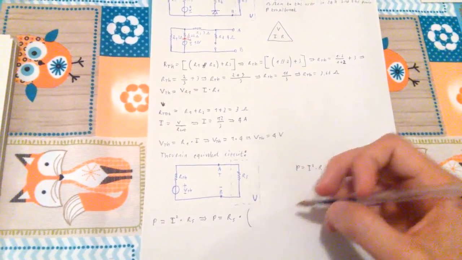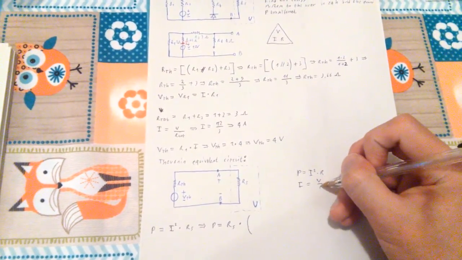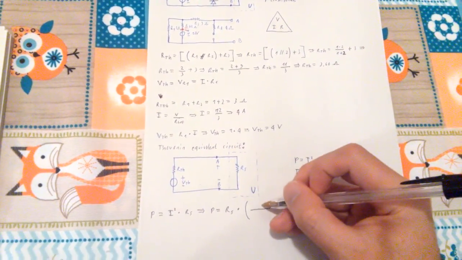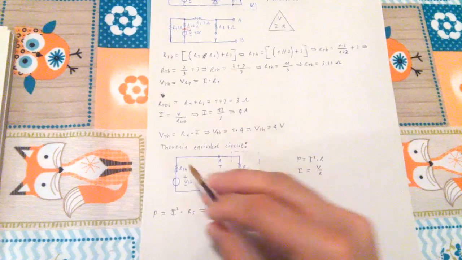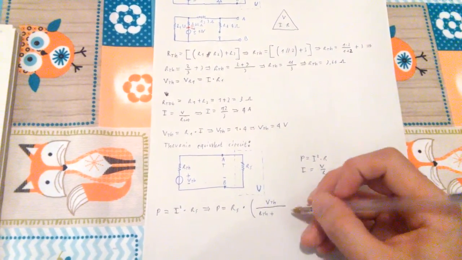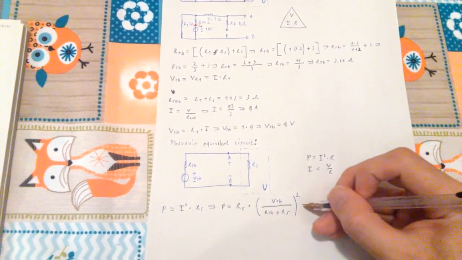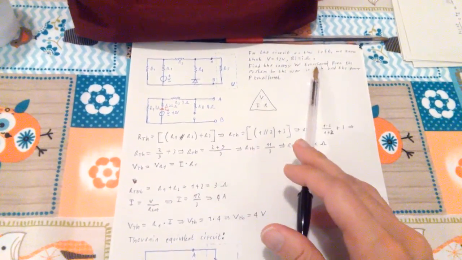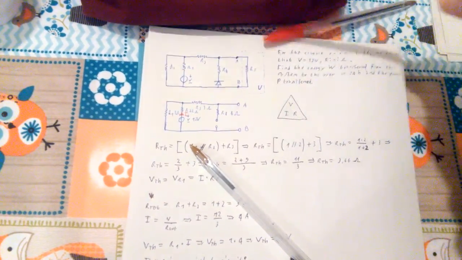Well, I is just, if you cover this, V over R. Since we have two resistances here, I'm going to have VTH, VThevenin, over RThevenin plus R5, squared, of course, is I squared. So P is R5, which is 5 ohm.